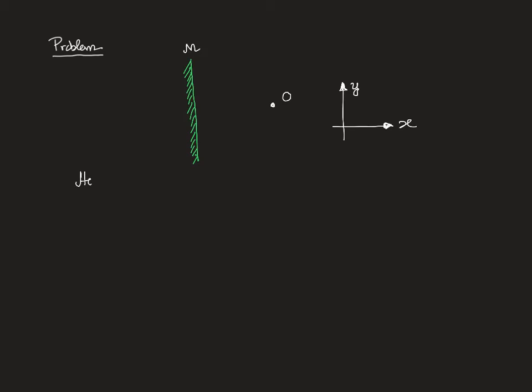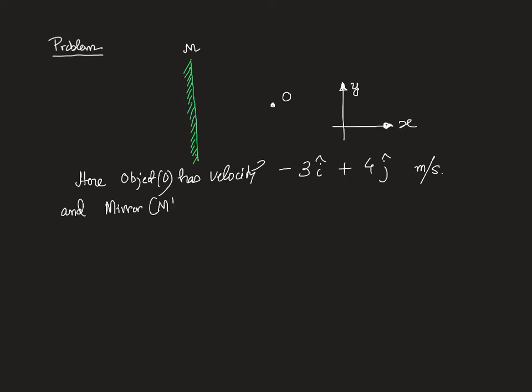Here the object has velocity minus 3 i cap plus 4 j cap, say meter per second, and the mirror M has velocity, say, 2 i cap plus 6 j cap meter per second.